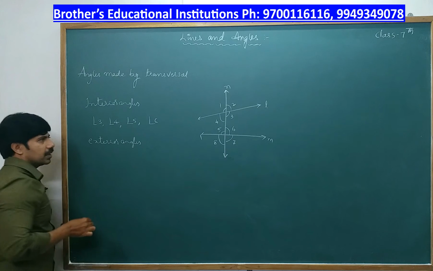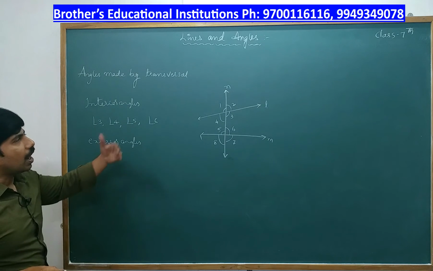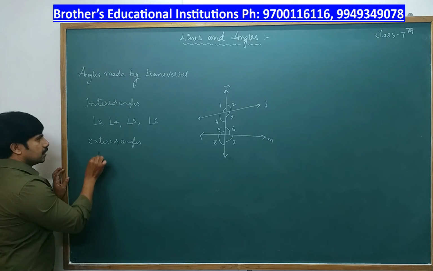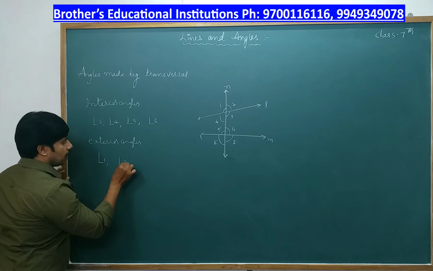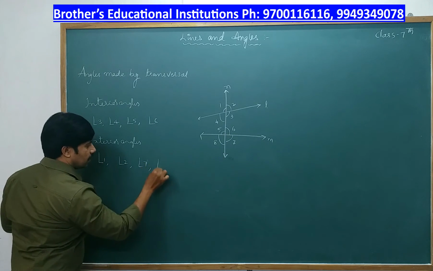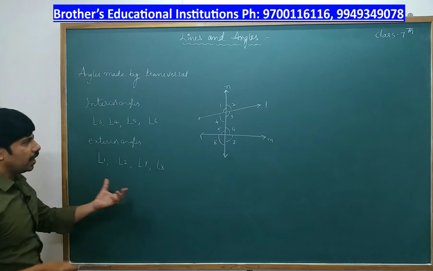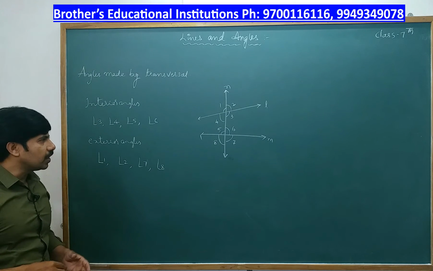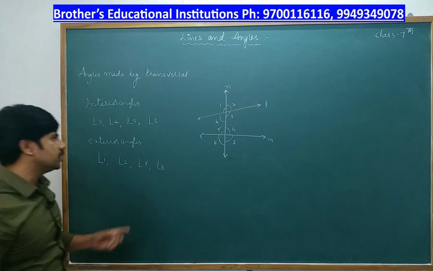Exterior angles are the angles which are outside the line, that is angle 1, angle 2, angle 7 and angle 8 are exterior angles. Then after that we write vertically opposite angles in this.